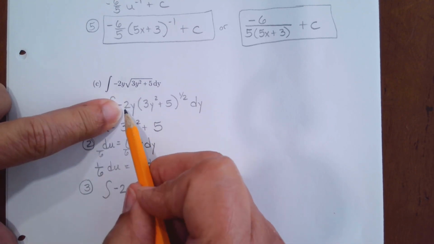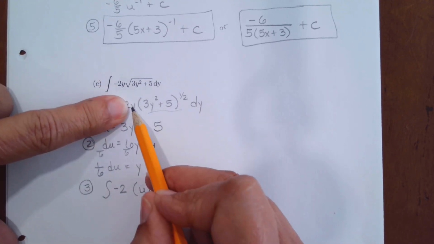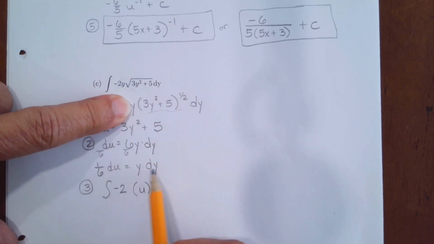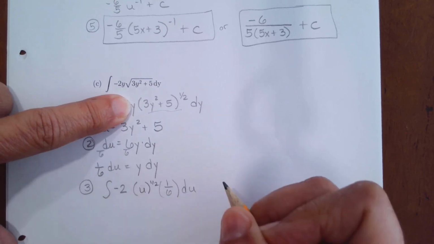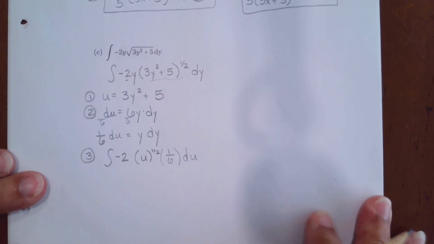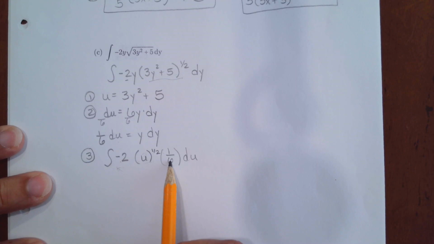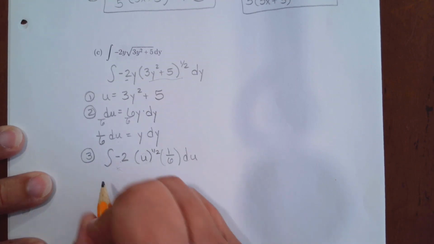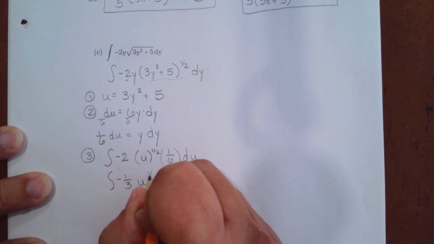So I got the negative 2. Now look at what's left in here is y dy, which I have. y dy is 1/6 du. So that takes care of everything in the problem, and now I just need to simplify it before I integrate. So I've got negative 2 times 1/6, that's negative 2/6, which is negative 1/3 u to the 1/2 du.